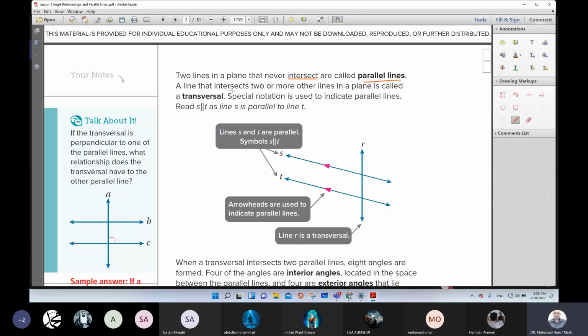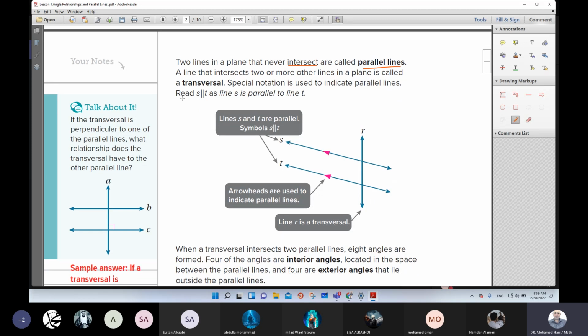Special notation is used to indicate parallel lines. Read S parallel with T. When you see this sign, it means parallel. So what's the meaning of parallel? It means no intersection between the two lines.